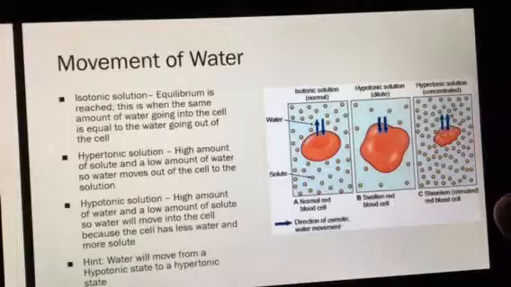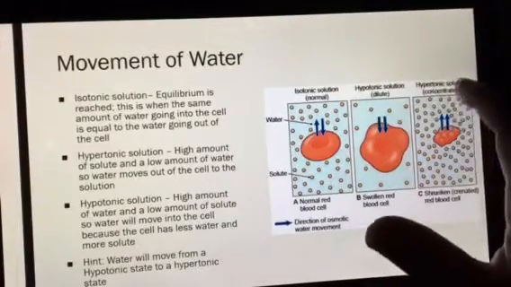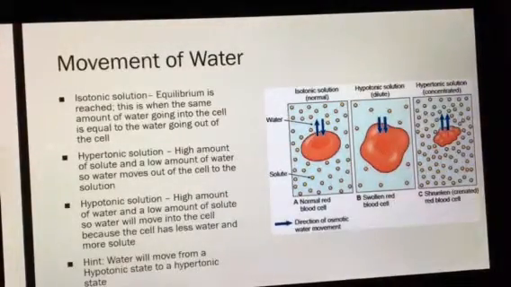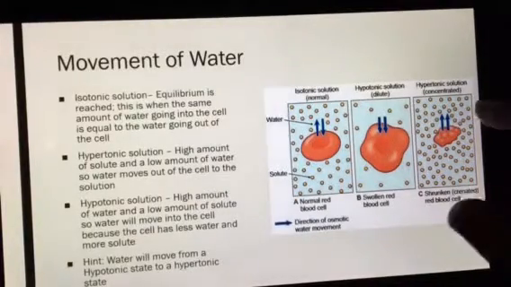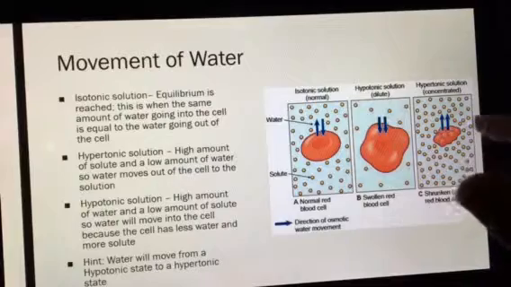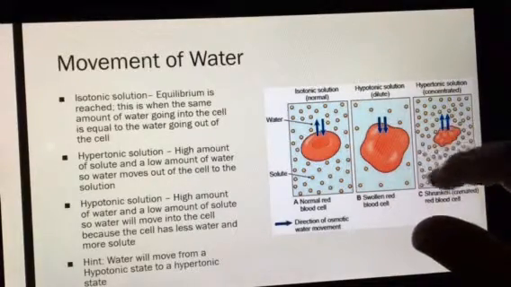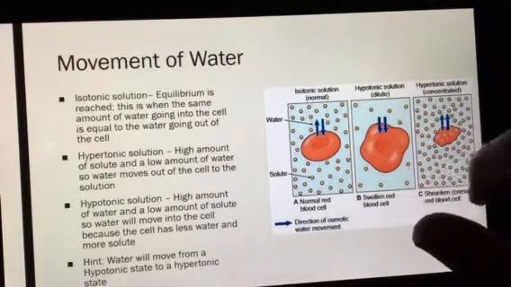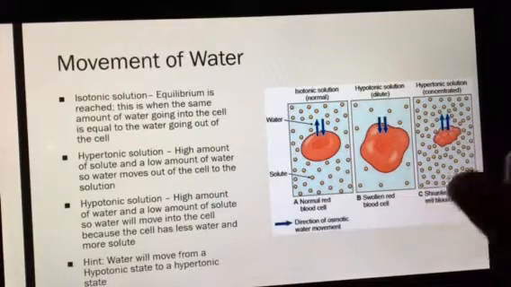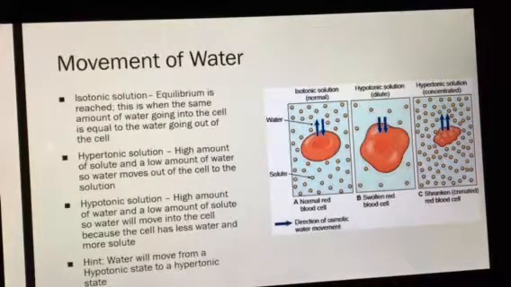In a hypertonic solution, which is right here, the hypertonic solution has a high concentration of solute. So you can see all the little particles around. Those are going to be solute particles. Since they are such a high concentration, it tells us that we don't have that much water in that hypertonic solution.